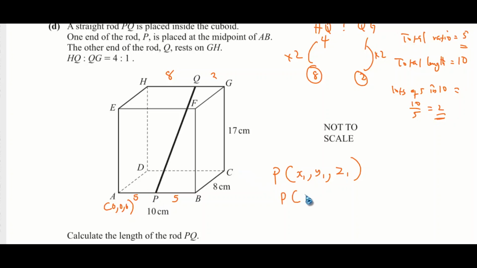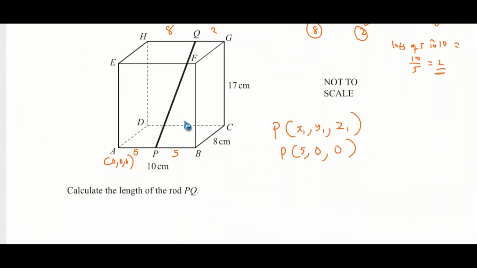I'll put 5 here. It's not having any width, so y will be 0, and no vertical distance, so this will be 0 as well. So that will be the coordinates.